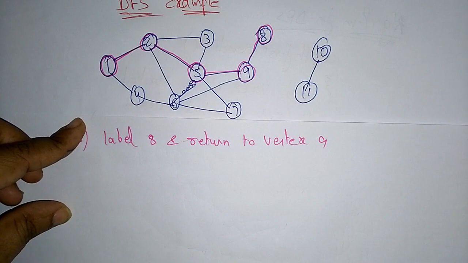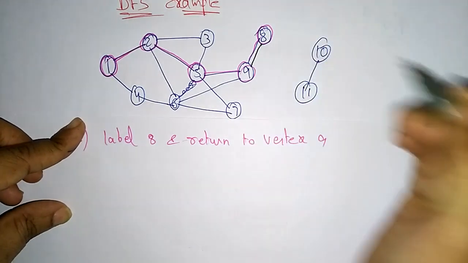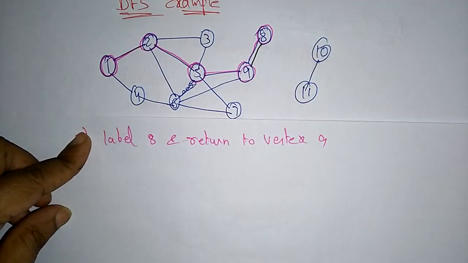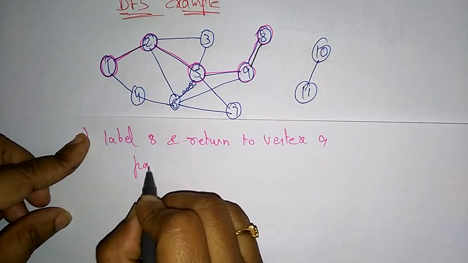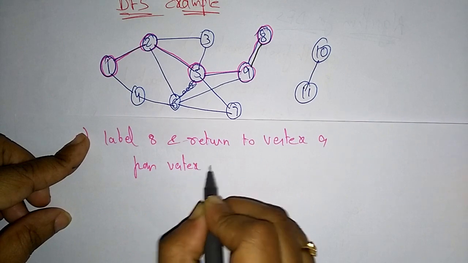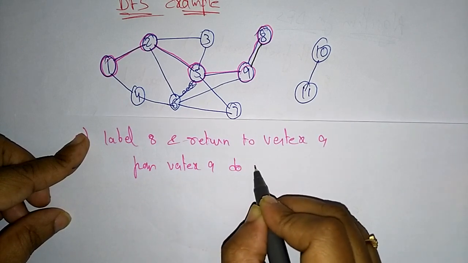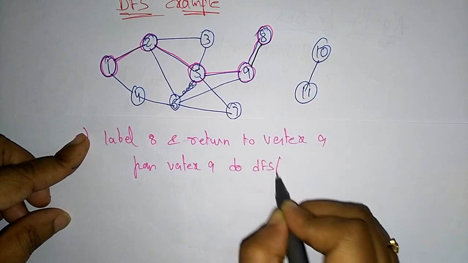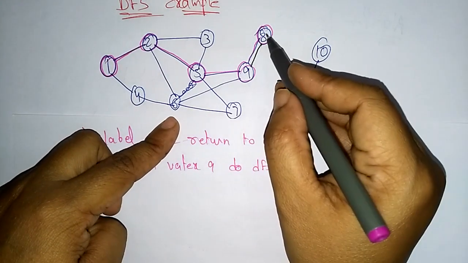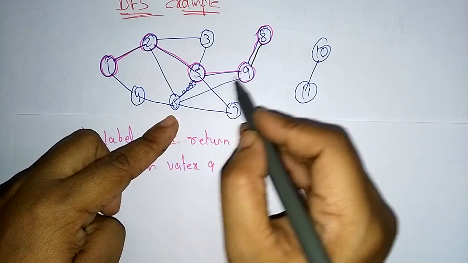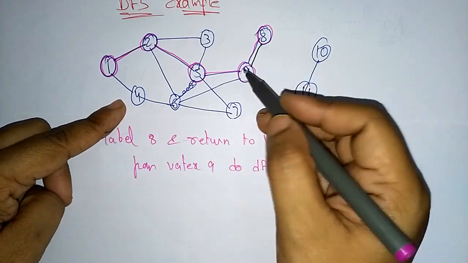I have to return to 9. Now from vertex 9, do depth first search on 6 because 6 is not visited. So I'm backtracking, and again from 9 I have to search which one is not visited.